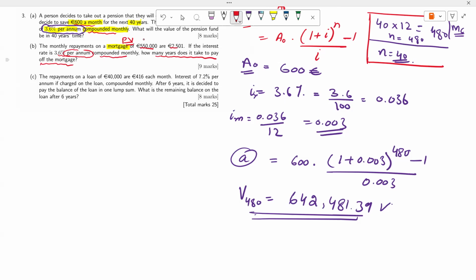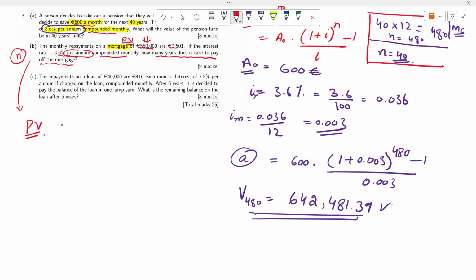So today you're getting 5,50,000 euros, and for the rest of the months you would pay 2,501 euros every month at an interest rate of 3.6 percent. Now, in part B, you need to find n. But you won't use the future value formula. You would use the present value formula to find the value of n.